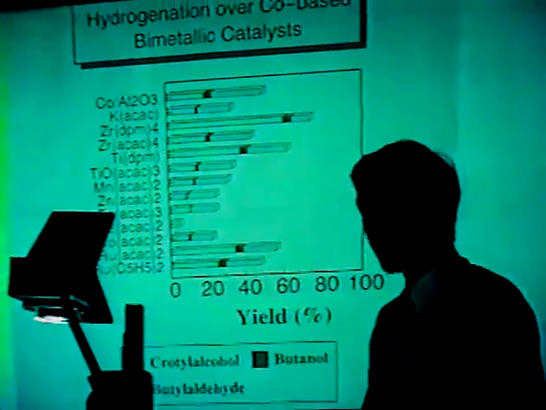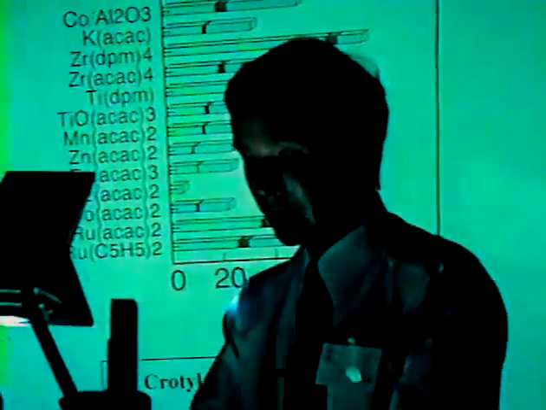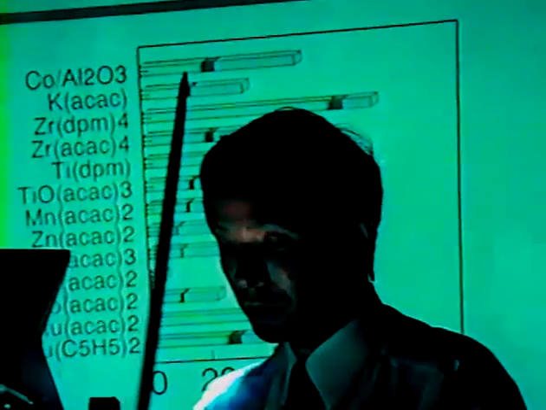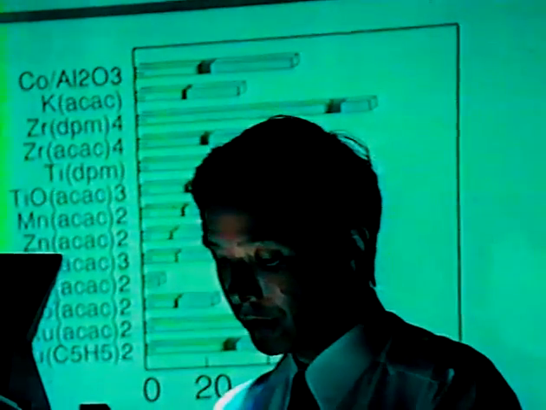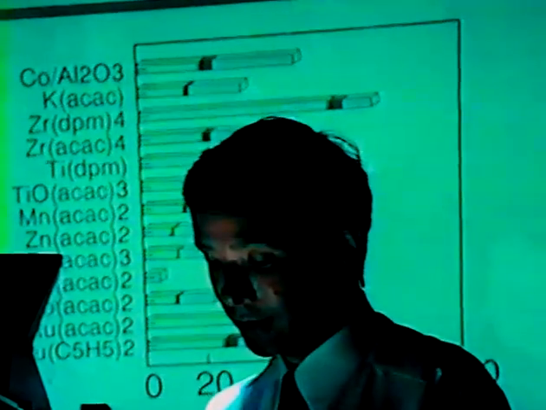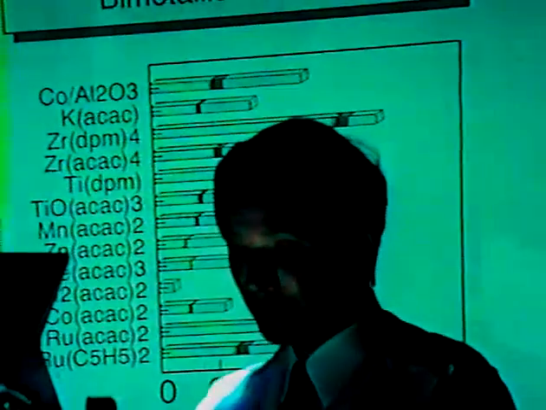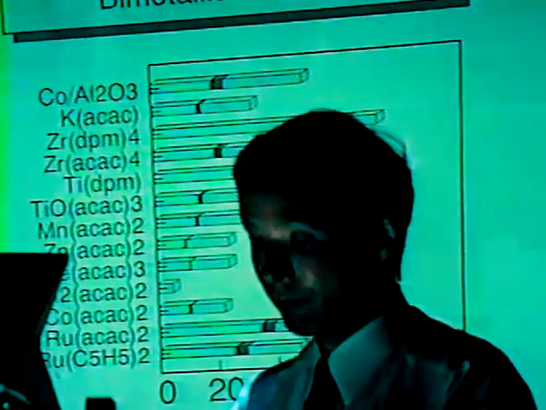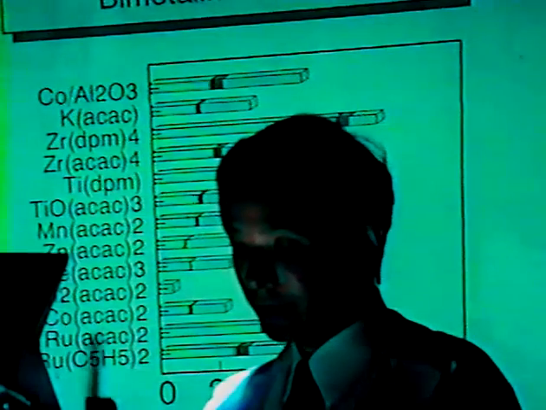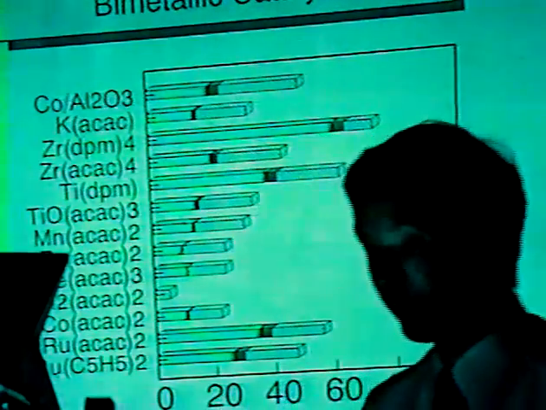This figure shows the result of the series of cobalt-based bimetallic catalysts. The starting material, cobalt alumina itself, has about 40% selectivity toward crotyl alcohol, but the formation of byproducts was larger than the main product. By the addition of second metallic components, some catalysts decrease the activity and some catalysts increase the activity.